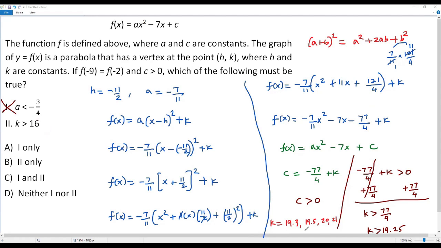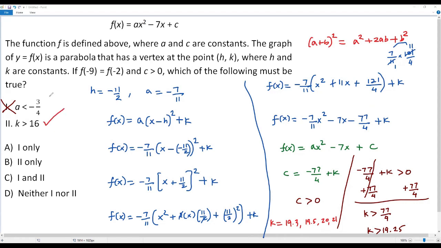Now we have to check whether the values we have taken for k satisfy the inequality in the second statement. 19.3 will satisfy this inequality because 19.3 is greater than 16. So all the values for k will be greater than 16. So the second statement is true.